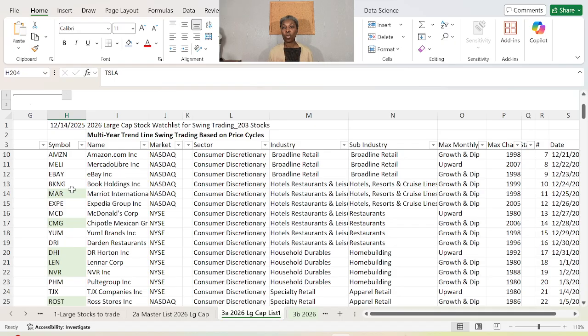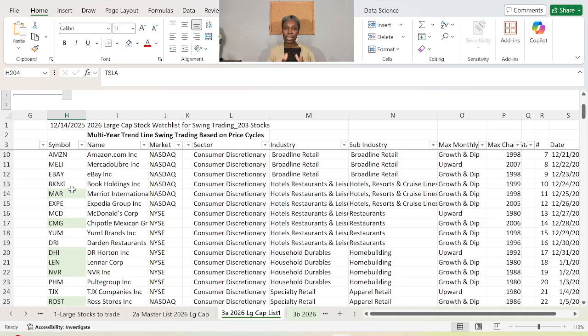When I was trying to learn swing trading strategy, I learned to create a watch list for the week, and I did that in 2024 until I noticed that, you know what, I was not consistent with it.